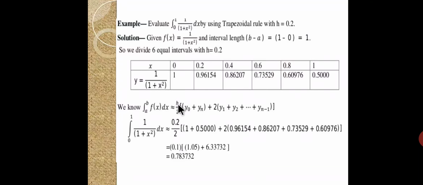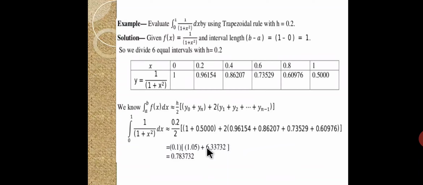Here the value of h is 0.2 by 2, into initial ordinate 1, plus terminal ordinate 0.5, so 1 plus 0.5, plus 2 into the remaining ordinates: 0.96154 plus 0.86207 plus 0.73529 plus 0.60976.